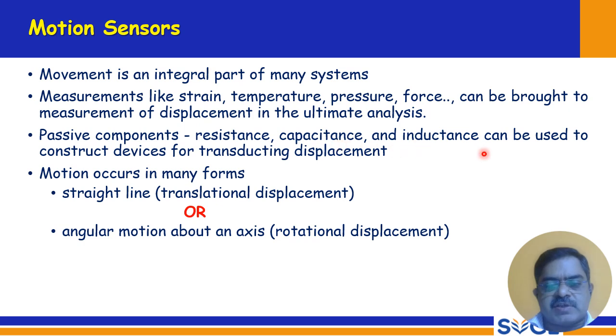Resistance, capacitance, and inductance can be used to construct devices for transducing displacement. Motion occurs in many forms, in a straight line, or it can be angular also. So straight line is known as translational displacement. Angular motion about an axis is known as rotational displacement.